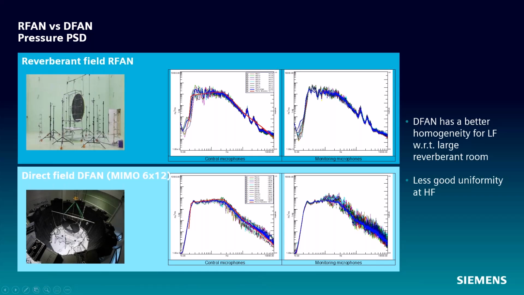So these higher frequencies, while still important for electronics and such, aren't as damaging to the actual structure of the test article. So maybe even DFAN is superior because you get better results at low frequencies, but everybody has an opinion about that. I'm just pointing out some of the differences.